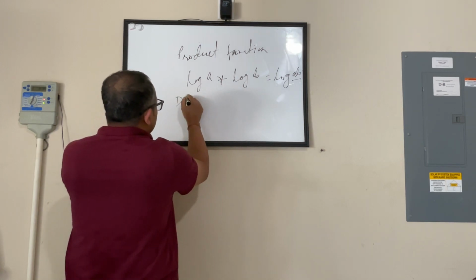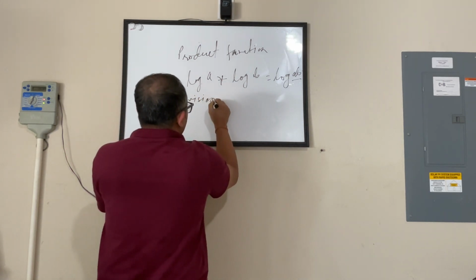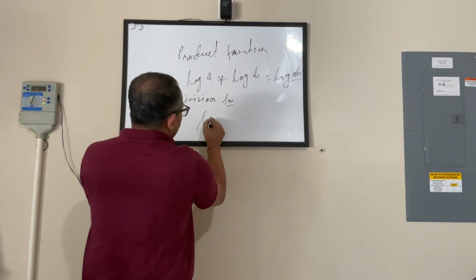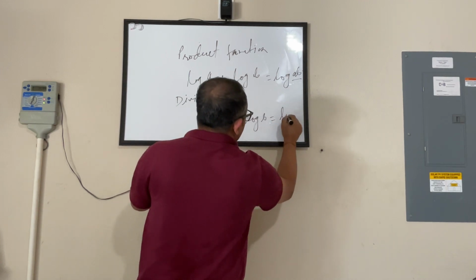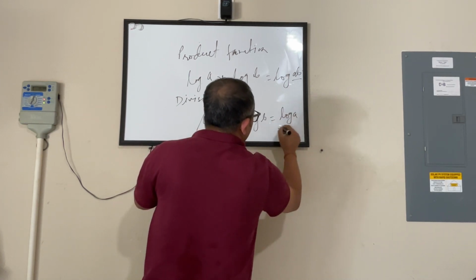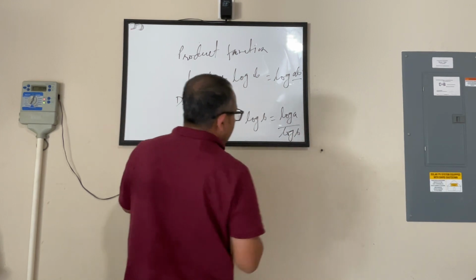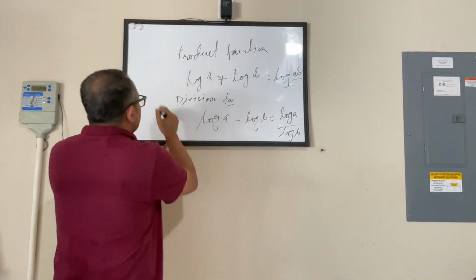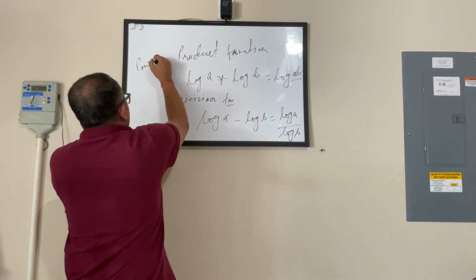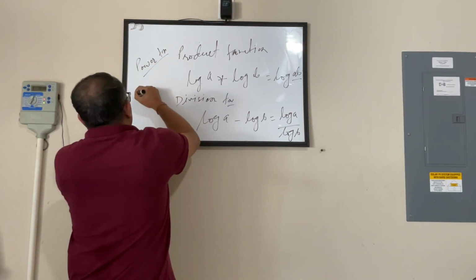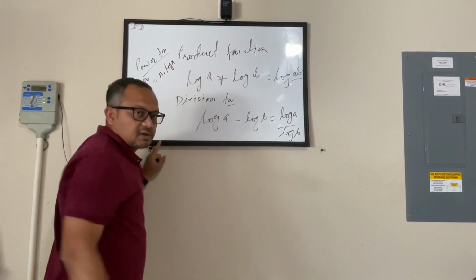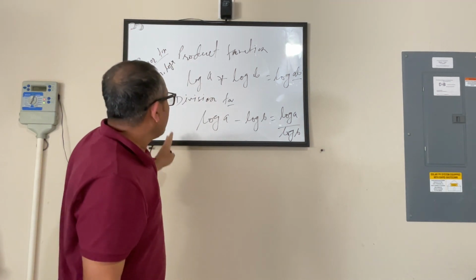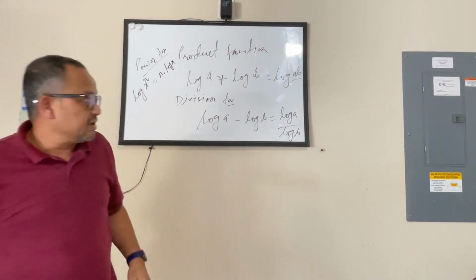Second is called the division function, which is log A minus log B, base is the same, is log A divided by log B. And third is called the power function, which is log x to the power n equals n into log x. So these are three functions that we know, and the fourth one is the change of base.